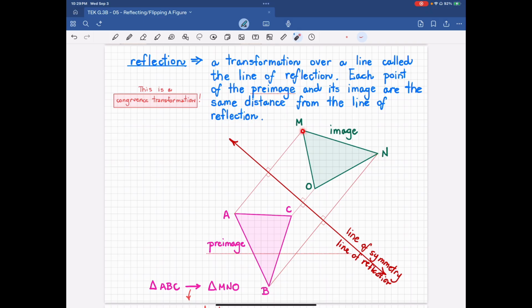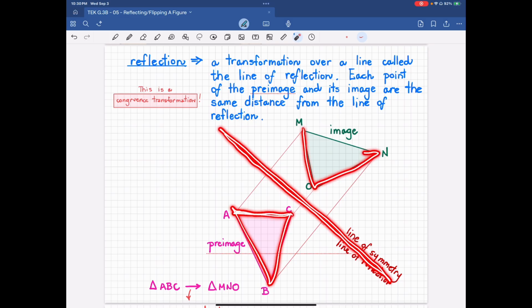Then I connect the points, and I get a mirror image of the pre-image. If I folded this on the line of symmetry, or the line of reflection, these two would match up perfectly on that piece of paper.